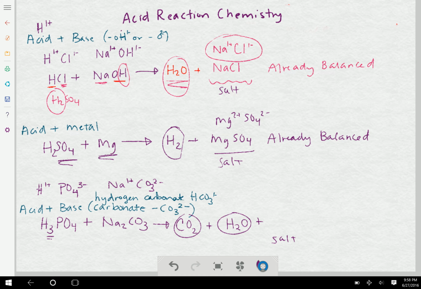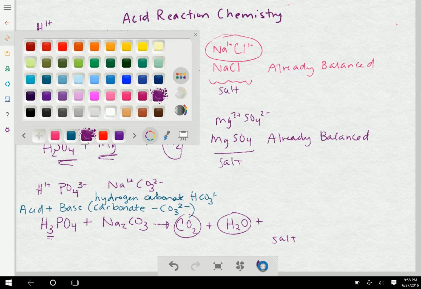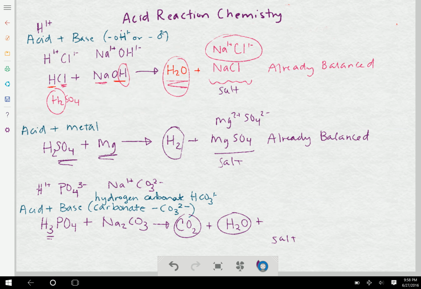So where are all of these things coming from? Let's take a look at the CO2 first. The CO2 is coming from part of the carbonate, so that's where I'm getting that from. And the water is coming from the hydrogen and the oxygen of the carbonate.